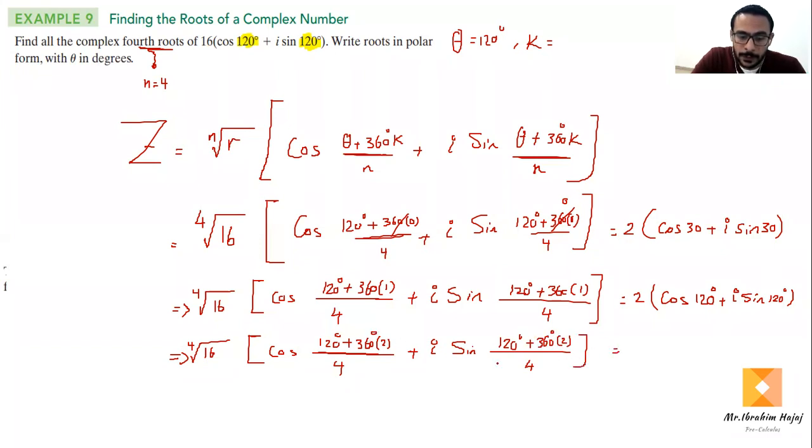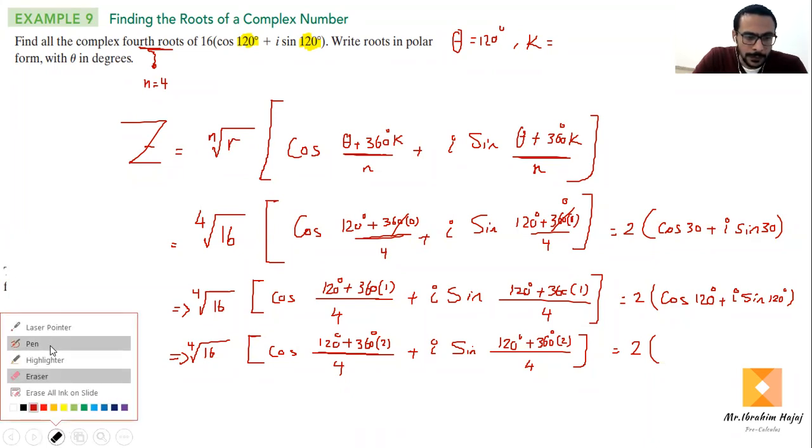So 2 also, the fourth root of 16, 120 plus 720 is 840, over 4 is 210, right?